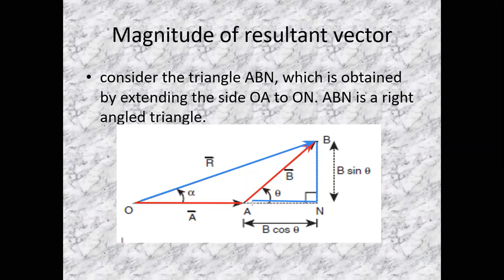So this is A, B, N. By extending OA to ON and drawing a perpendicular from B, I take this triangle. This triangle is a right angle triangle, so I am putting the angle here.